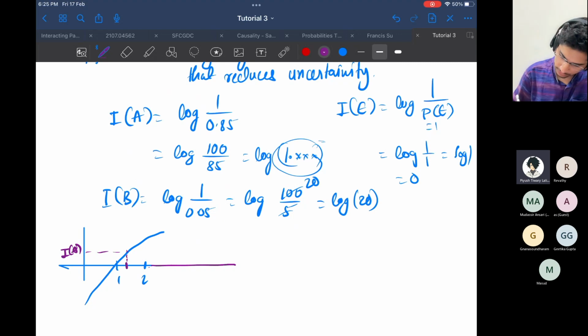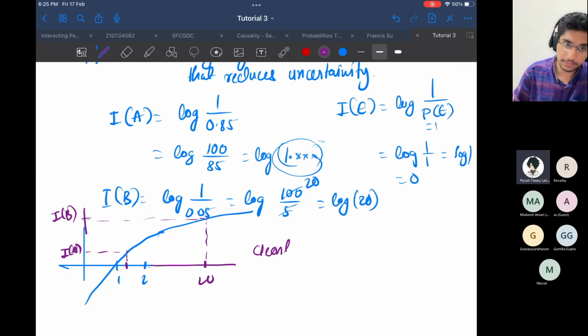However, 20 is somewhere here, very far from here, and the curve is going like this. So what will that correspond to? Something over here, which is I of B. So clearly, I of B is greater than I of A.